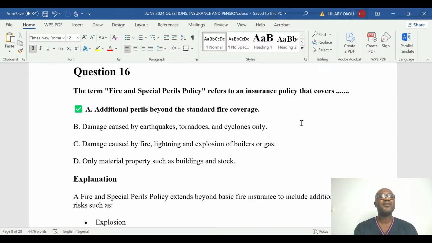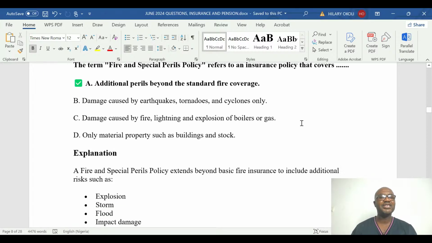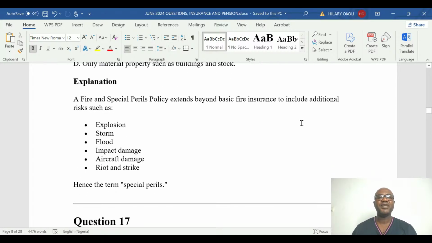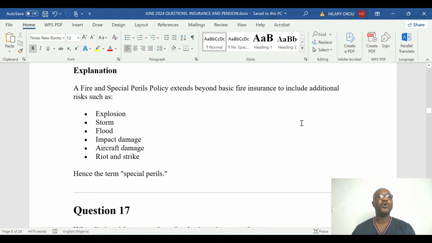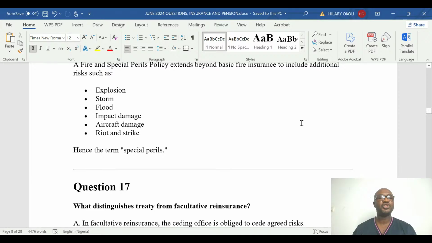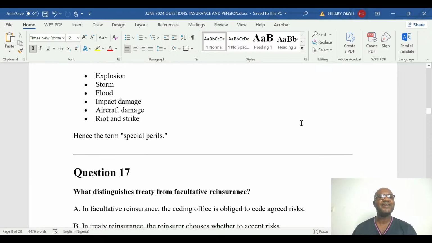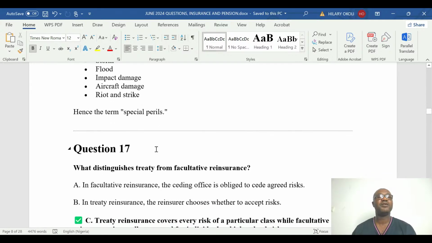So when you hear the term fire and special peril policy, your mind should quickly go to an insurance policy that covers additional perils beyond the standard fire coverage. A fire and special peril policy extends beyond basic fire insurance to include additional risks such as flood, explosion, storm, aircraft damage, riot, and strike. Hence the term special peril.